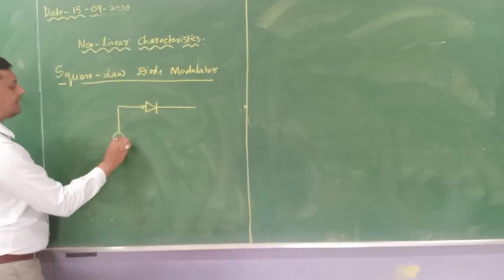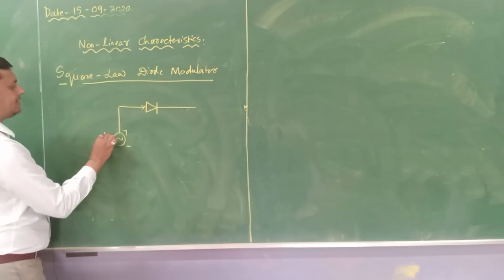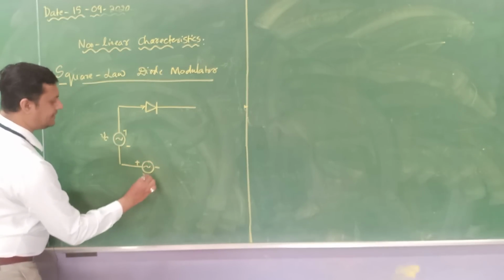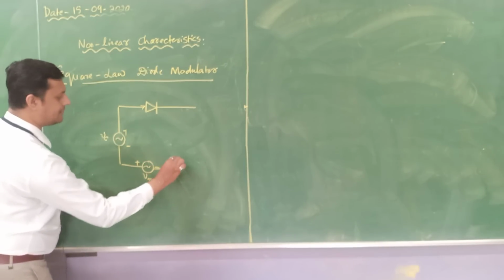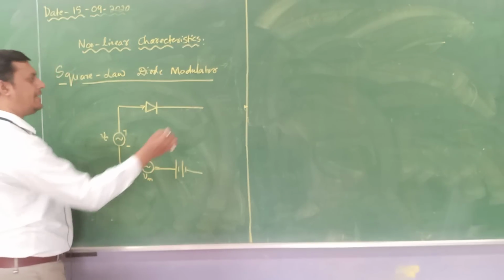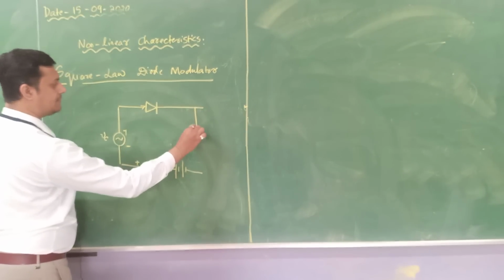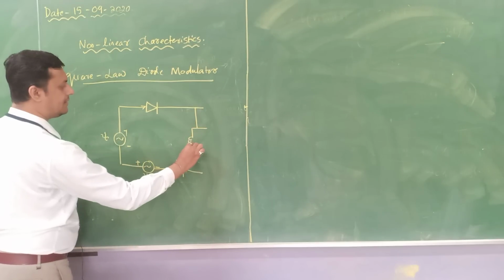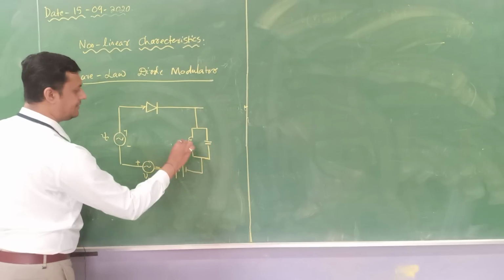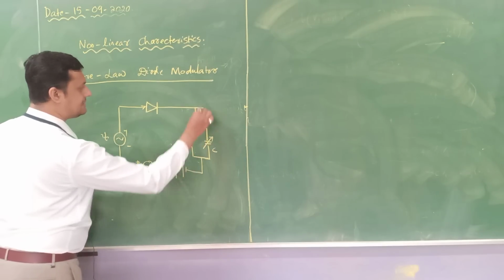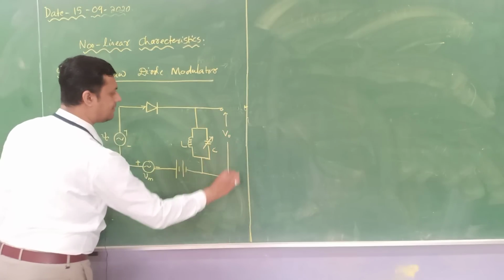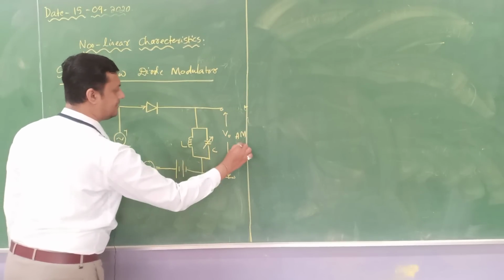Here I am providing a carrier signal, and here I am providing the message signal, and I am using a DC potential to fix the operating point, and I am using a filter or tuned circuit, that is LC, L and this is C. So whatever output we get here, V out, is our AM signal.